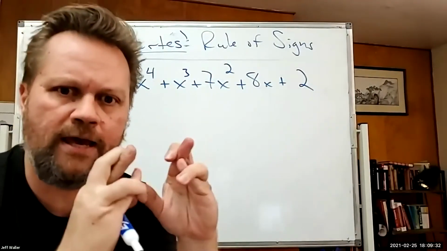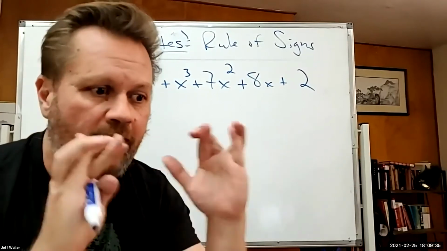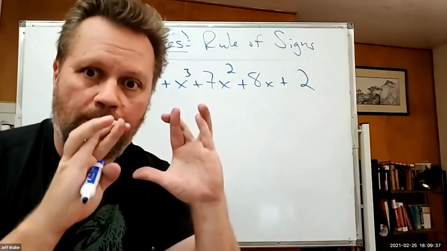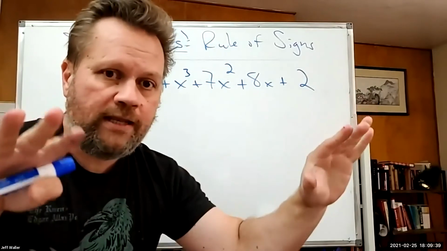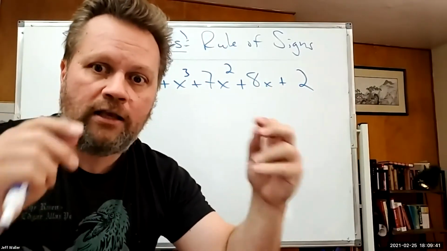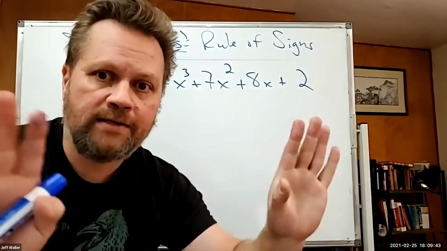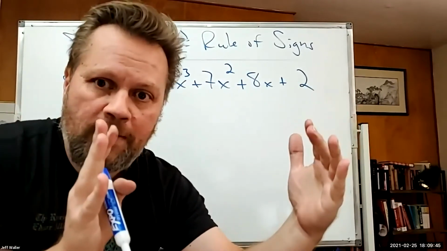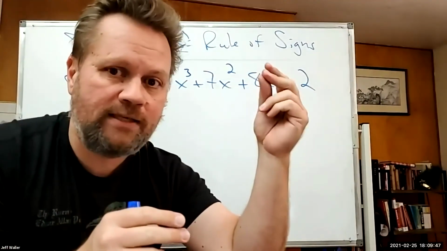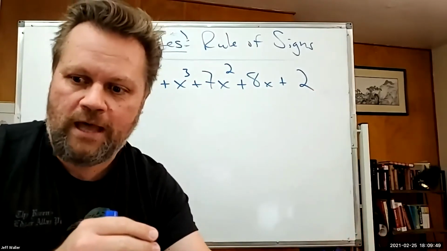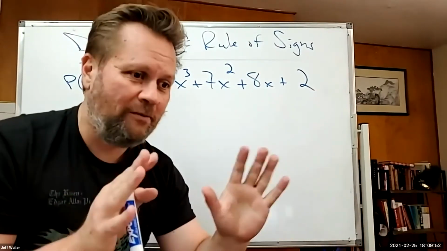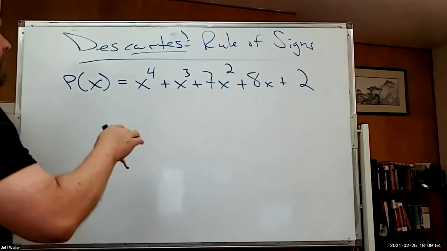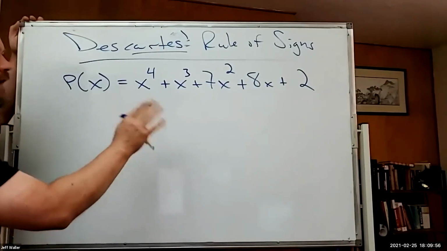Does everybody get that? So if I am given a polynomial where everything in it is positive, I can throw out all of my positive roots out of the list that we make. Are you guys with me? My list immediately is cut in half. I really want you guys to get this. What part is not understood?